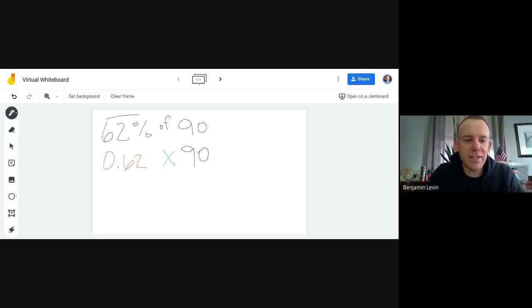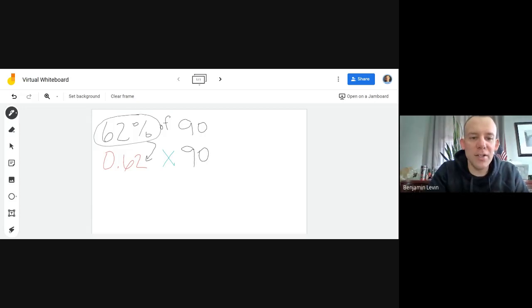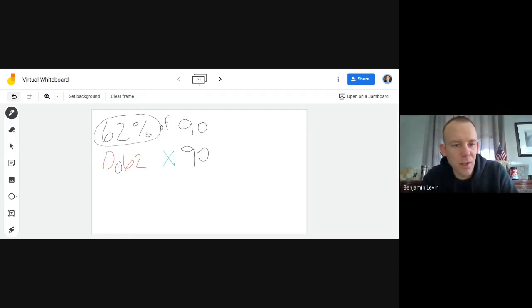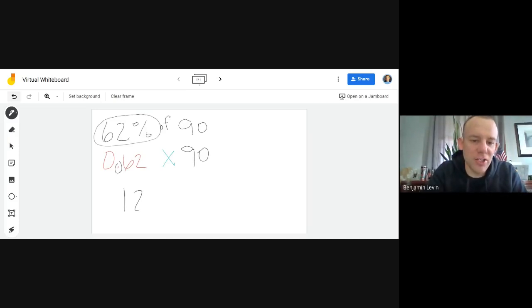If you know that 62% as a decimal is 0.62, all you have to do to make a percent a decimal is put the decimal point right in front of the number, right? Now that only works for percents between 0 and 99. For percents like 124%, it's going to be 1.24, right?